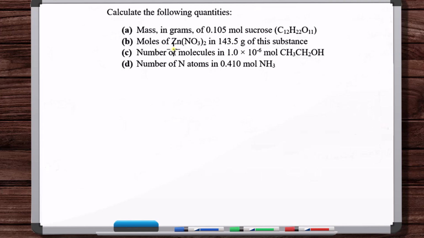How many moles of zinc(II) nitrate are in 143.5 grams of zinc(II) nitrate? So we're starting off with 143.5 grams of zinc(II) nitrate. To convert this to moles, we just need the molar mass of zinc(II) nitrate, which we can get from the formula weight.